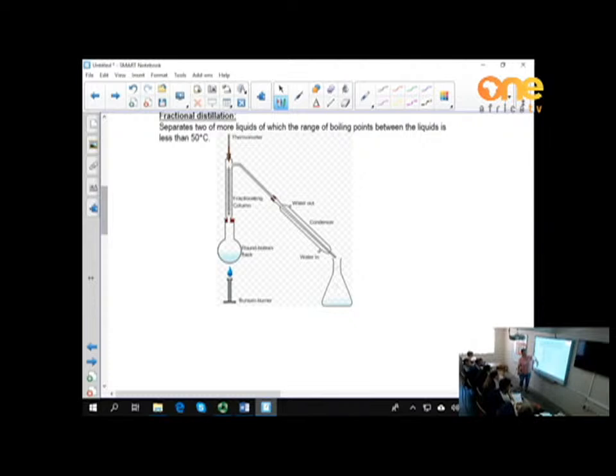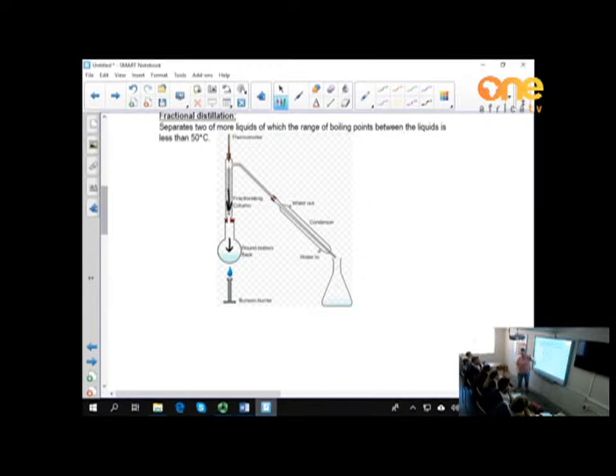So if there's a liquid that vaporizes at 40 degrees, you maintain the temperature at 40 degrees, and the vapor will rise up. But if there's a liquid that vaporizes at, let's say, 45 degrees, it's also going to rise up, but somewhere along the line it's going to condense and drip back into the flask.